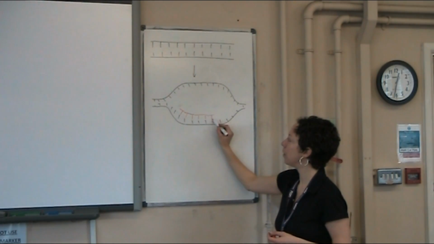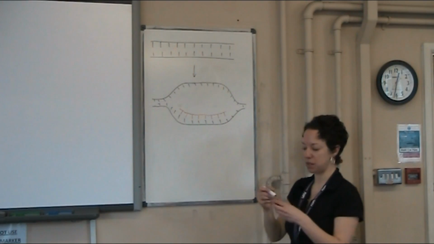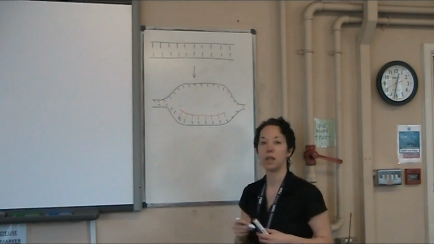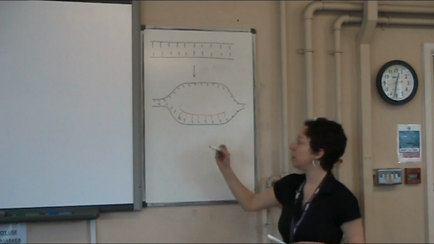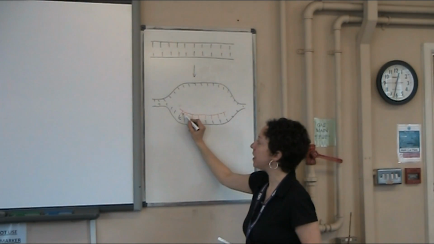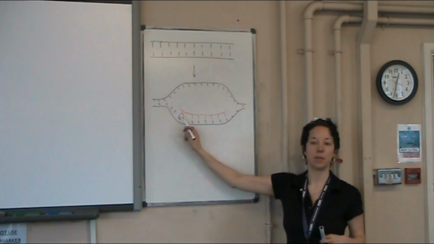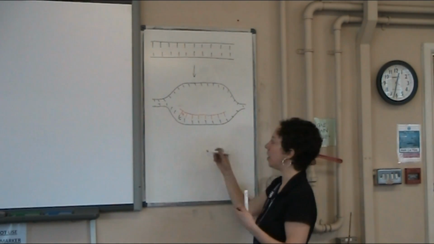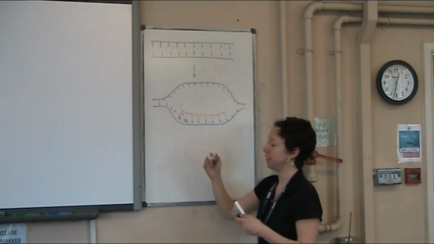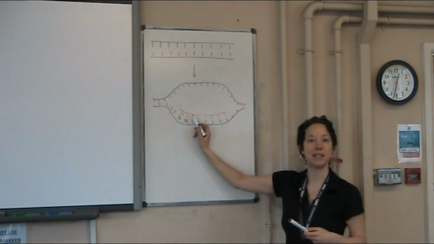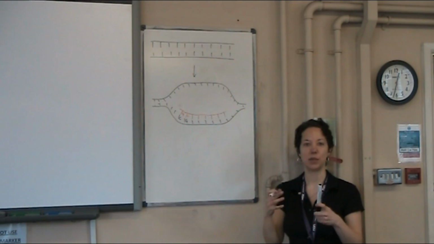So, for instance, if this was cytosine, or C, this complementary base here would be guanine, or G. If this was guanine, G, on the DNA, then the complementary base would be C on the RNA, and so on.